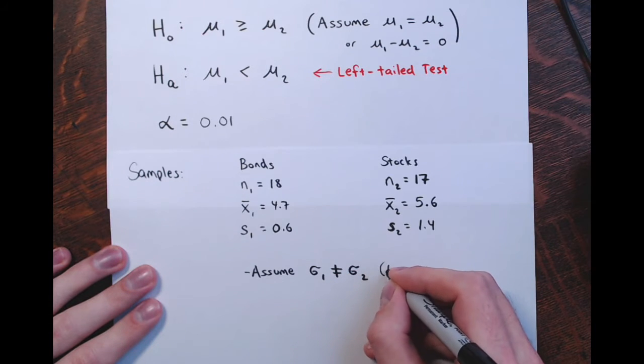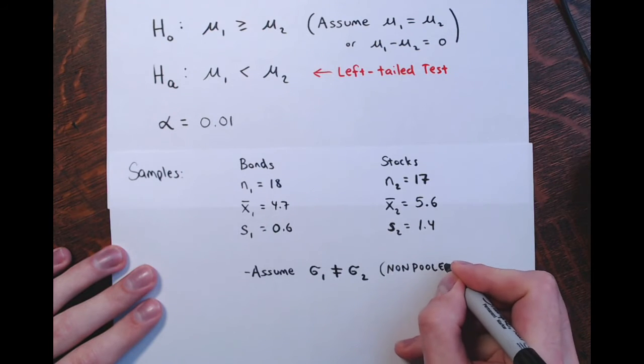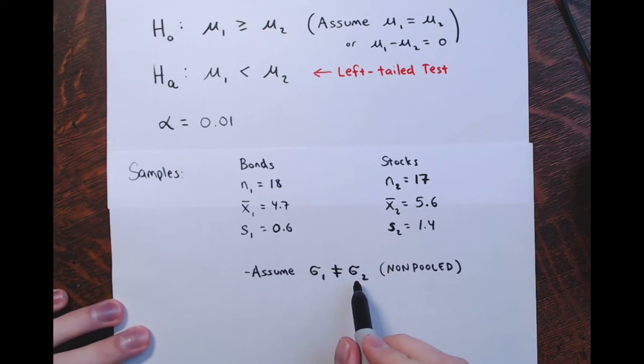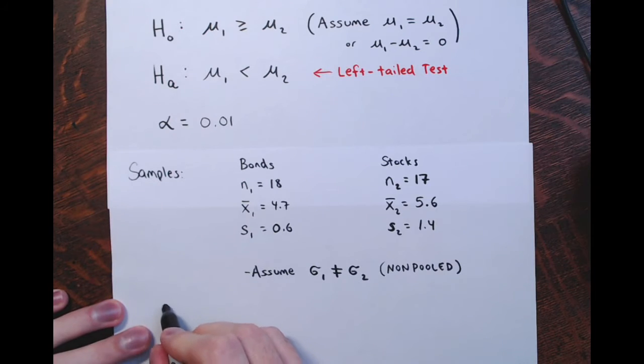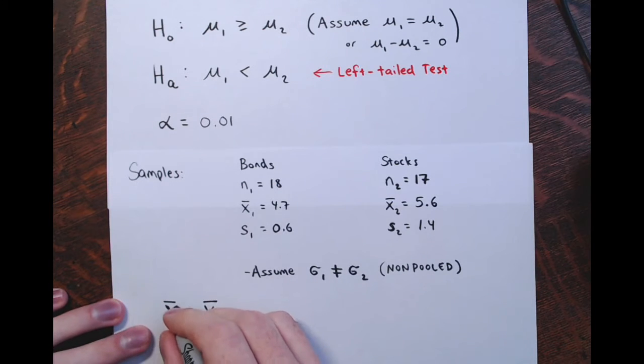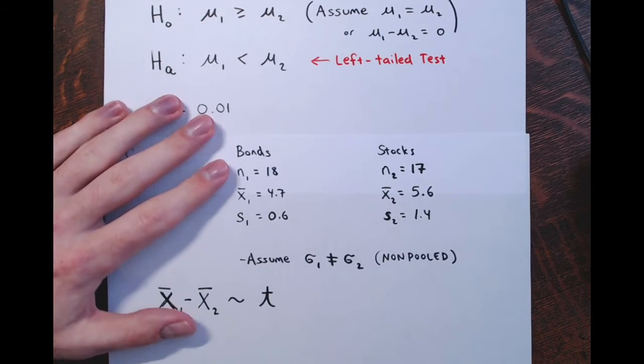So that means we're in the non-pooled scenario, as opposed to the pooled scenario. Non-pooled means that if we were to look at all possible differences of sample means for samples of these sizes, the distribution of x1 bar minus x2 bar would be a student's t distribution, right?